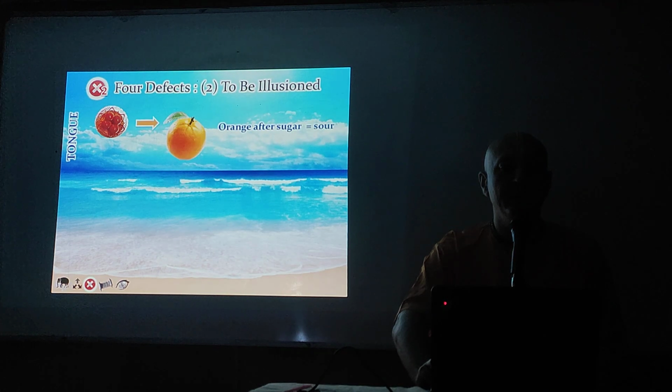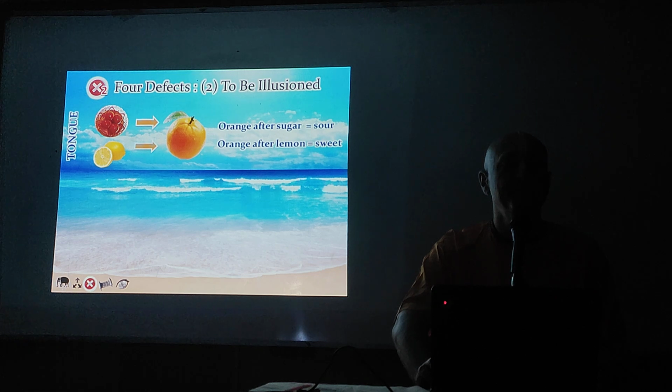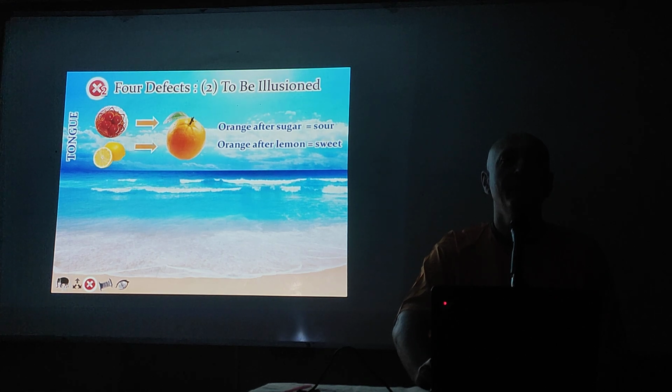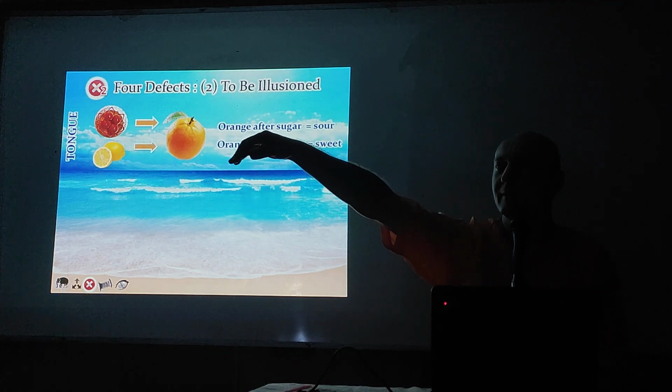If we taste orange after sugar, how will it taste? If you taste orange after lemon, it'll be sweet. Just like when we were taking a bath in Kumbh Mela and it was freezing cold in the morning. The fog was such that visibility was maybe 3 meters.